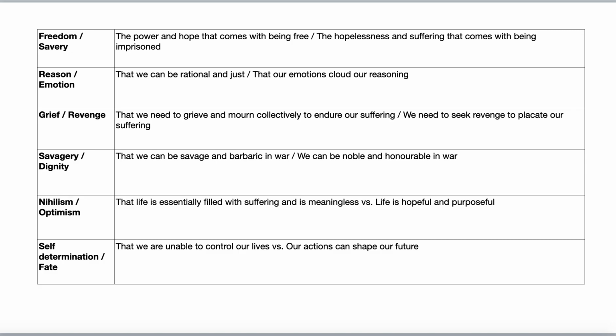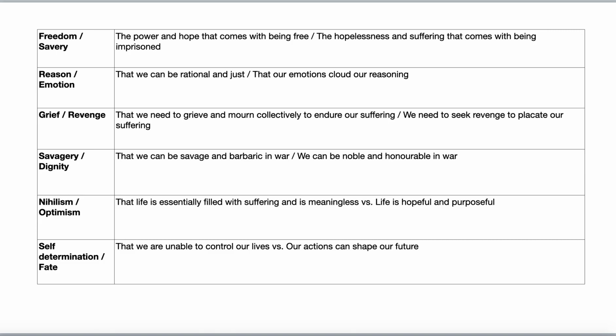So there's freedom and slavery, and there is the idea that when we're free, our life is hopeful and has dignity and has meaning, but when we're enslaved, like happens to the women of Troy, life becomes hopeless and life is undignified.